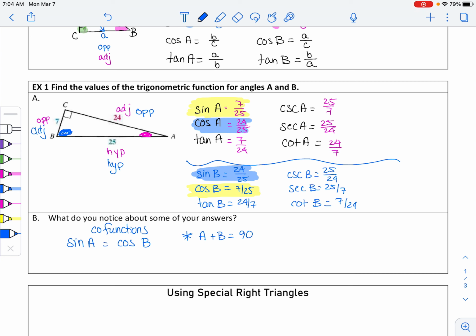And the same thing would actually work for their reciprocals, that the cosecant of angle A is equal to the secant of angle B. And tangent and cotangent, they're also called cofunctions. So the tangent of angle A is the same thing as the cotangent of angle B. And again, what you need to know, that will only work if the angles are complementary.